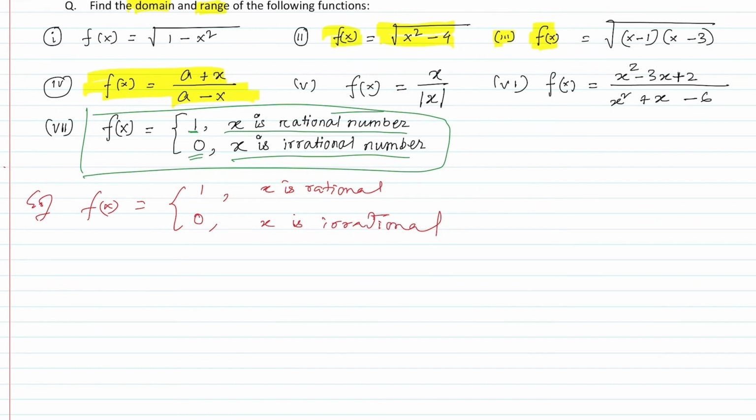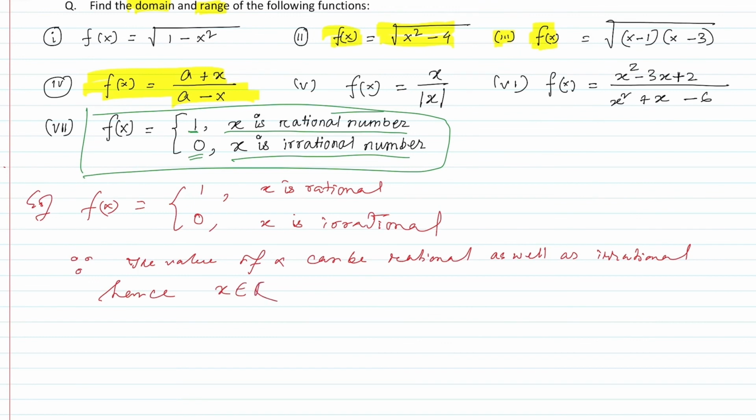So here you see, since x can be rational as well as irrational, hence x belongs to R. x must be a real number, it may be rational or irrational.